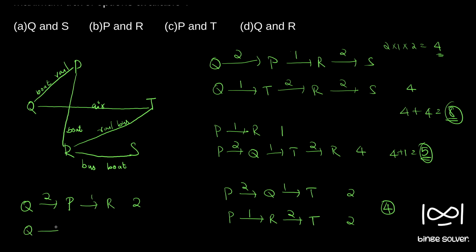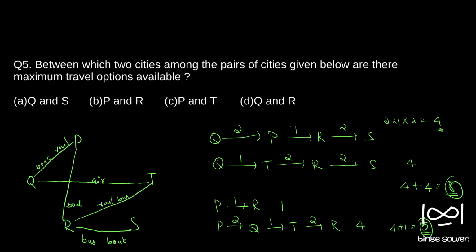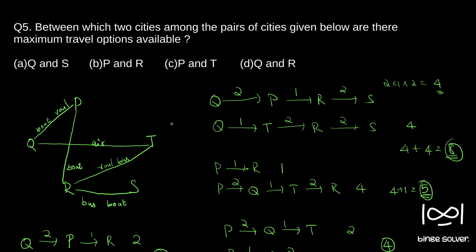And then Q to T, which has 1 combination, then T to R, which has 2 combinations. So 2 into 1, 2. So sum 4. So as we saw, here we have 8 possible combinations. Here 5, 4, 4. So Q and S has the maximum number of possible combinations, maximum travel options available. So answer is A, 8 combinations.